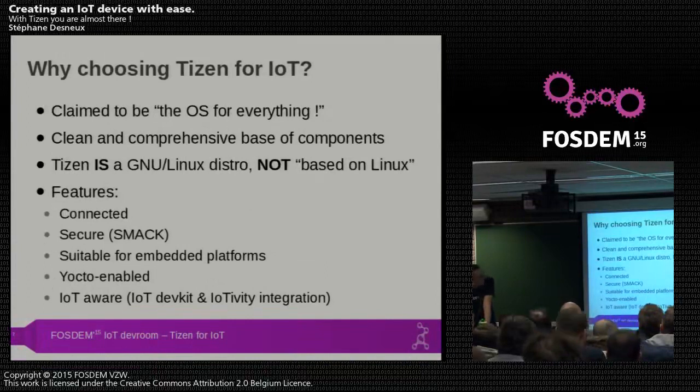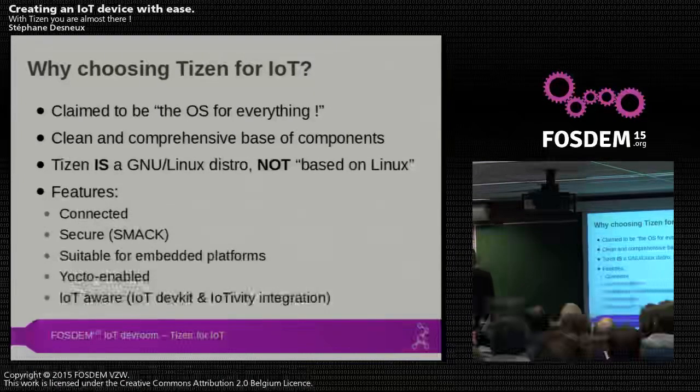Why choose Tizen? Tizen is claimed to be the OS for everything. It was the first baseline of this OS, but honestly, I think it's not very true. But you can install Tizen on multiple platforms and a wide range of hardware.